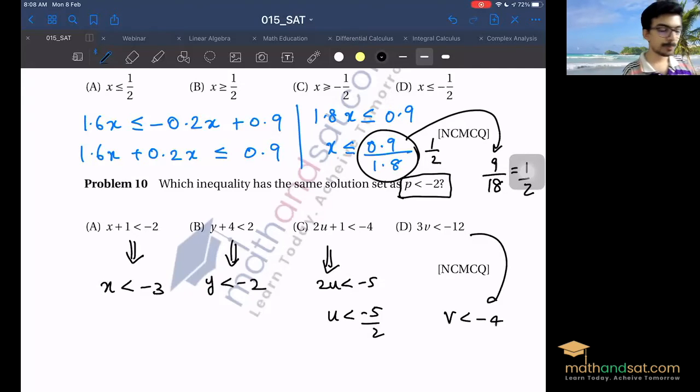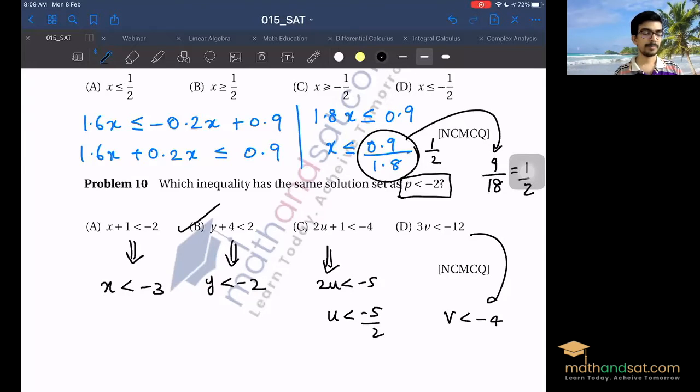So tell me which one matches? The matching one is option B, because both of them will represent the same solution set.